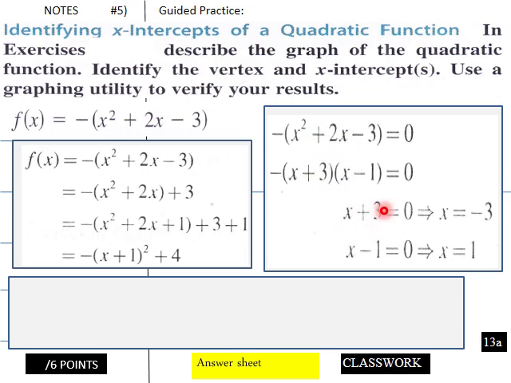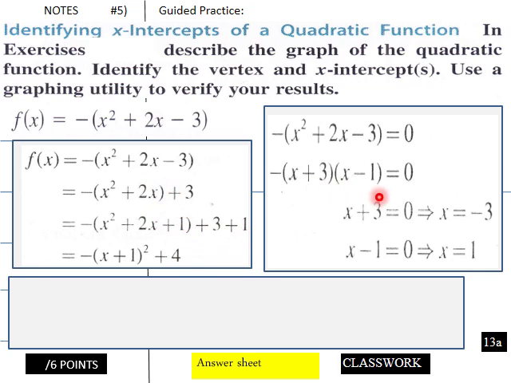So we're going to use our 0 property of multiplication so x plus 3 has to equal 0, so x can equal -3. Then x minus 1 has to equal 0, so x will equal 1. So here are our x-intercepts of this parabola.